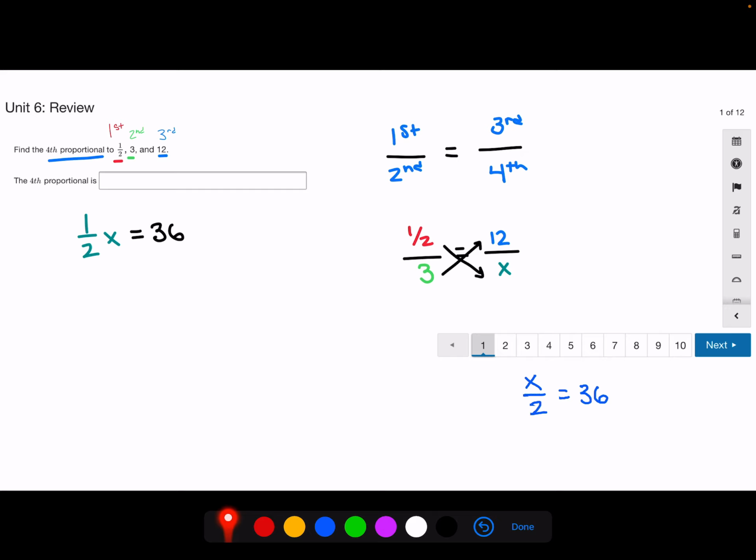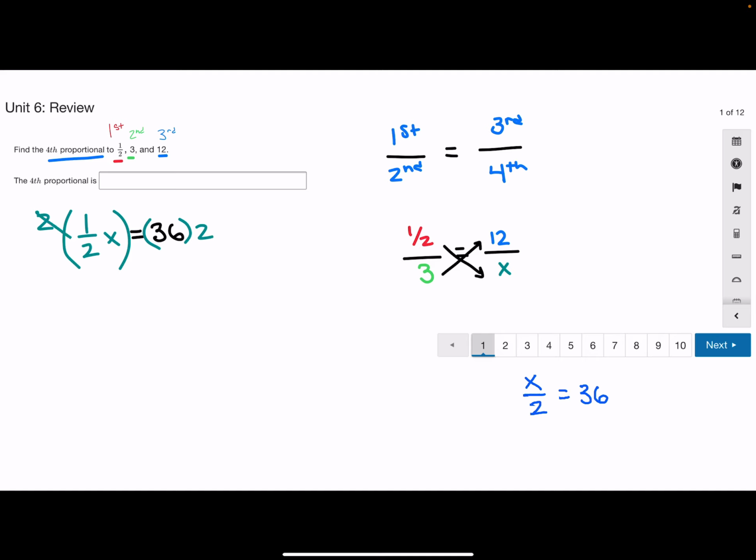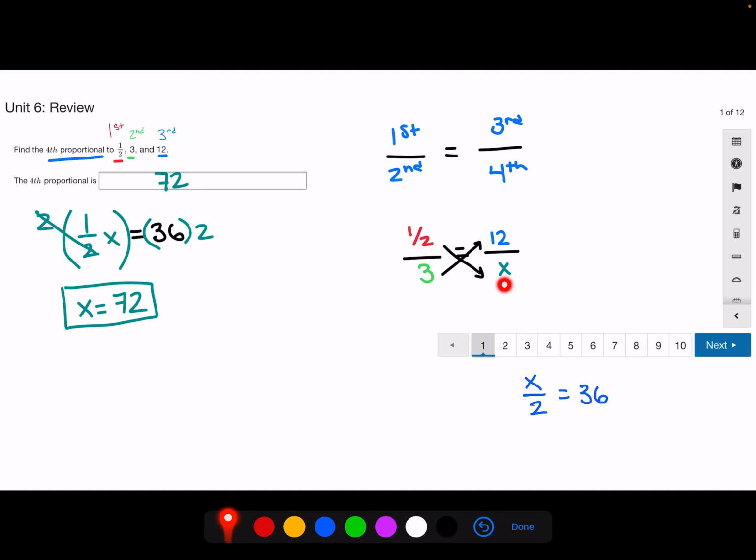Well, how would I get rid of a fraction? We multiply by the reciprocal. The reciprocal of 1/2 is just 2. And of course, if you saw this fraction, you'd be like, oh, I multiply by the denominator. It's exactly what we're doing here. I multiply both sides by 2, and the denominator will cancel, leaving us with x equals 72. And that would be our fourth proportional.